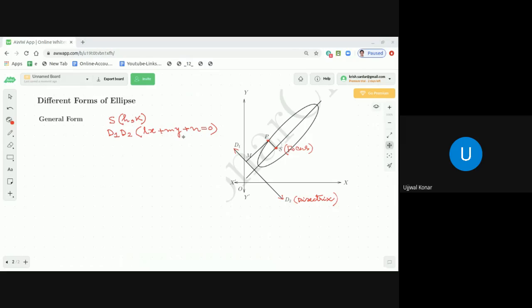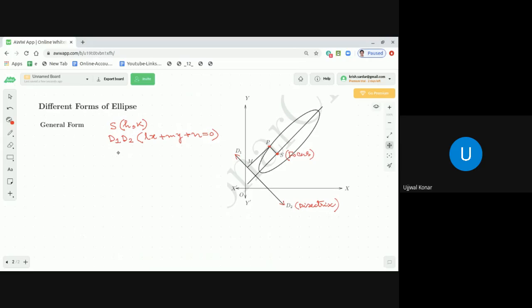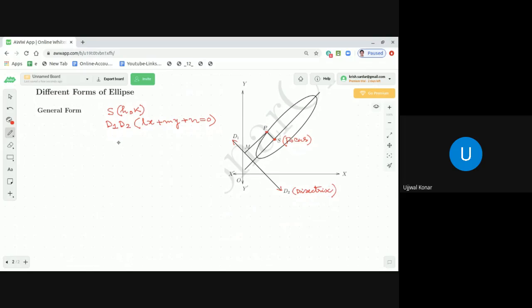Correct? So these are the two fixed entities, one is the focus and another the directrix. And another one is a variable point P. When there is a variable point, we generally denote it by alpha, beta. So the point P has coordinates alpha, beta.